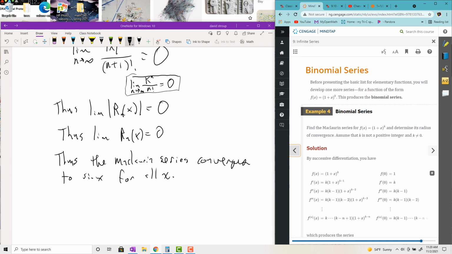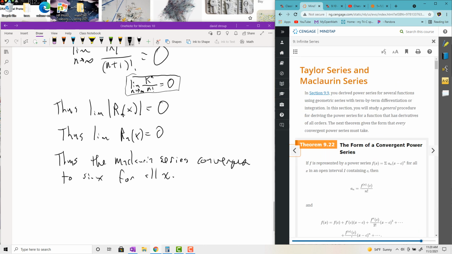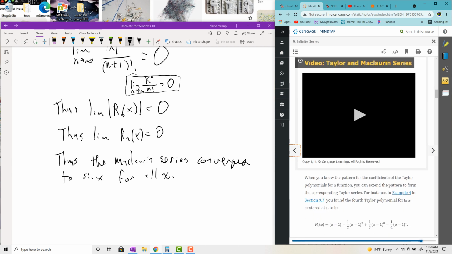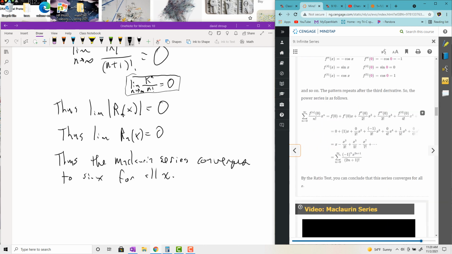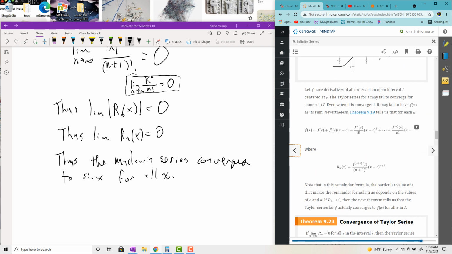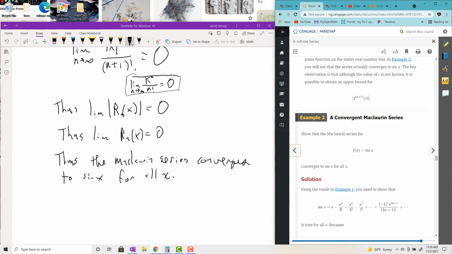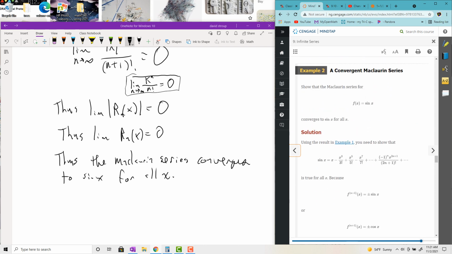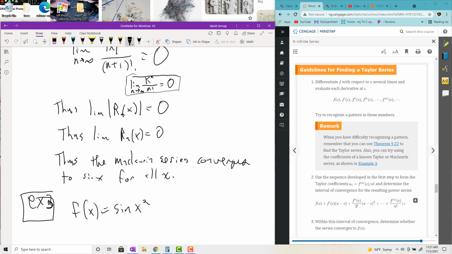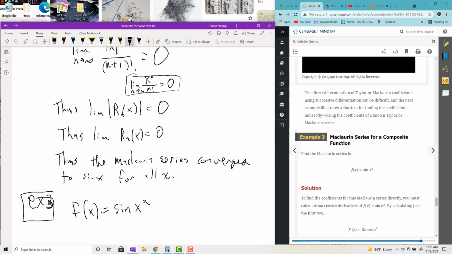We'll be able to leech on to whatever power series we build to create new series just via substitutions. We kind of saw that when we were dealing with the geometric series. So example 3, they want you to find the power series representation for sine of x squared.